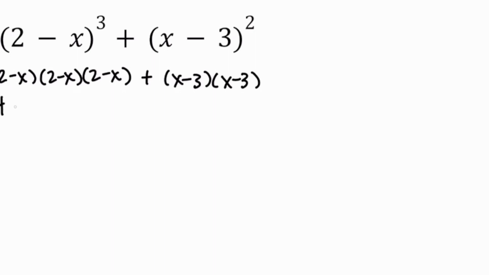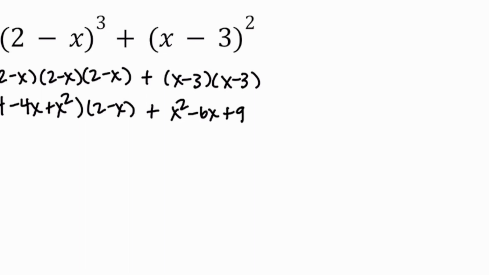So 4 minus 2x minus another 2x is minus 4x, and then plus x squared. Okay, multiplied still by another 2 minus x, plus x squared minus 6x plus 9.